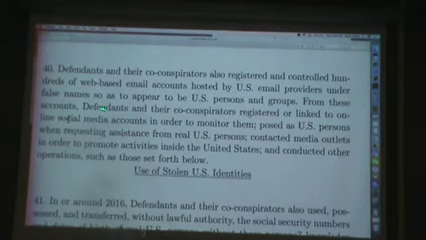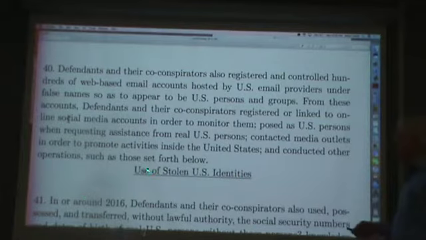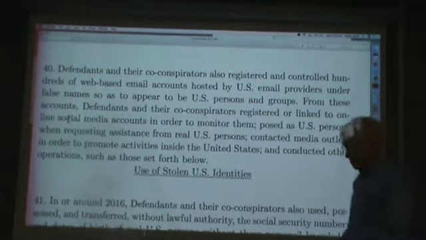From these accounts, defendants and their co-conspirators registered or linked to online social media accounts in order to monitor them, posed as U.S. persons when requesting assistance from real U.S. persons, contacted media outlets in order to promote activities inside the United States, and conducted other operations such as those set forth below. Then the next one, item 41, was use of stolen U.S.